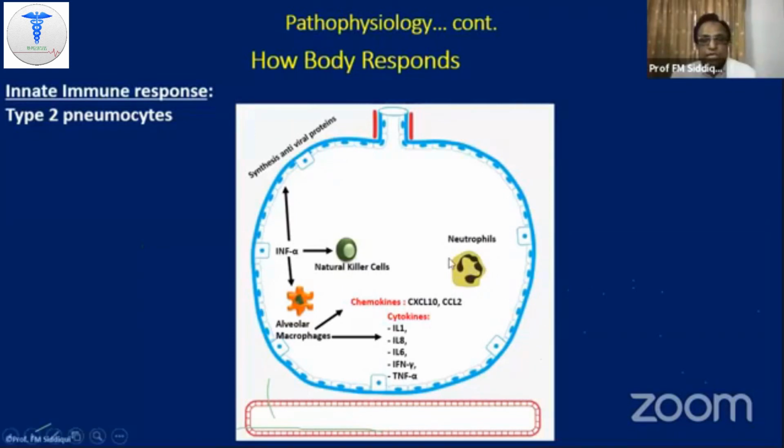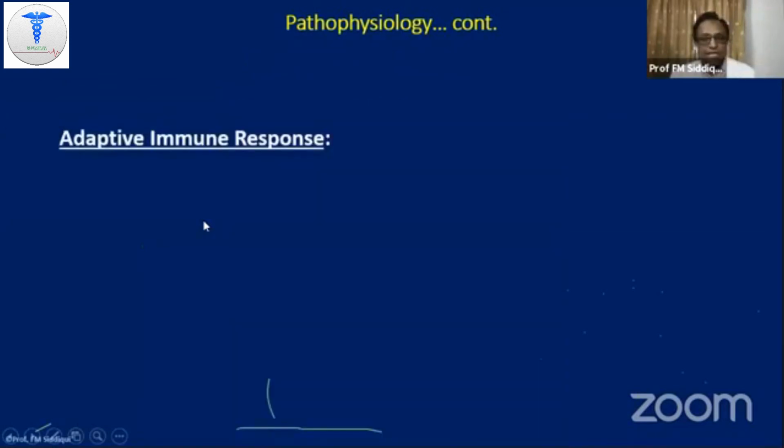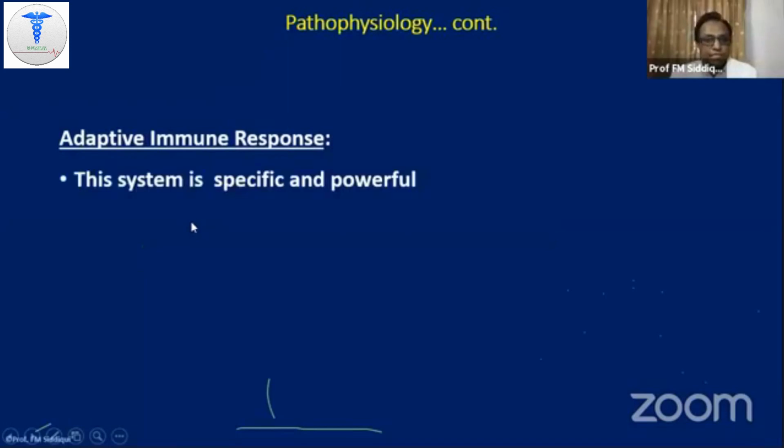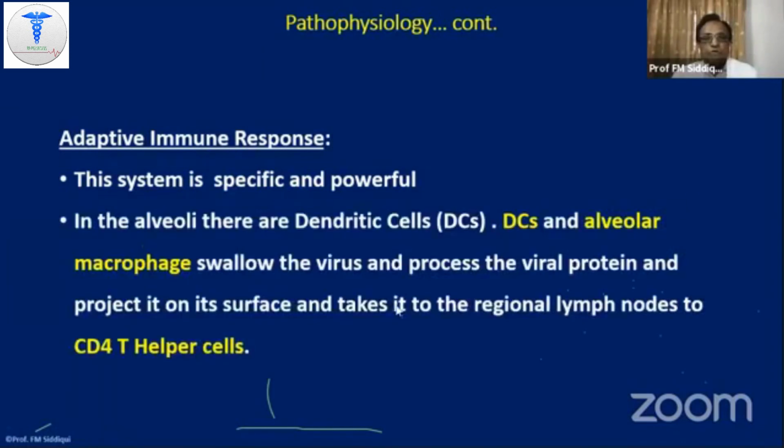This is not the only defense system. There is another defense system that becomes activated, and that is the adaptive immune system. This system is highly specific and very powerful. In the alveoli, we all know that there are dendritic cells.